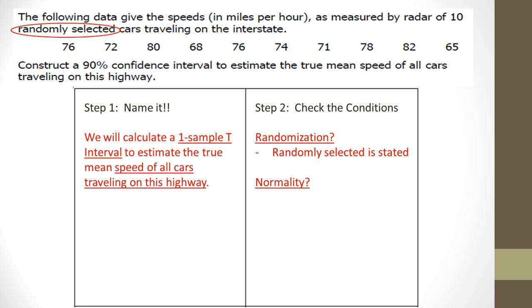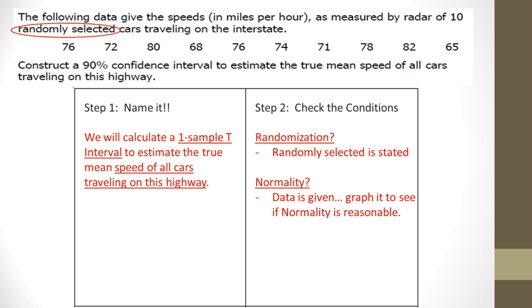Either number one, it says that the speeds are normally distributed, which the problem does not state. Number two, we have a large enough sample size that the central limit theorem applies. Unfortunately here, we only have 10 cars, so not over 30. So we must graph it to see if normality is reasonable.